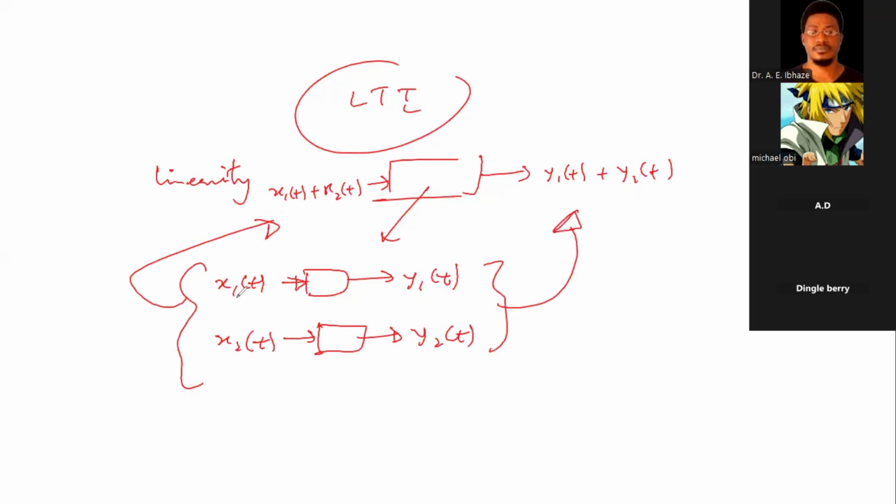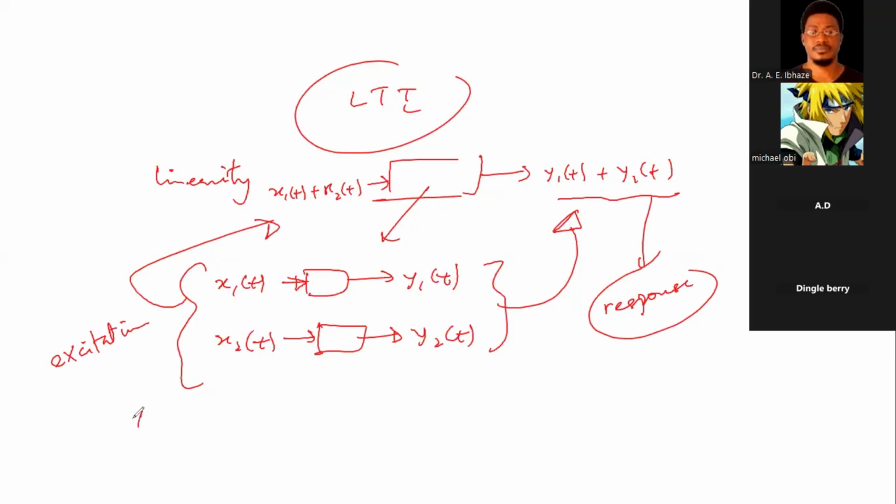Largely because this input fed into this particular system gives us a specific output, and this particular signal, when fed into the same system, gives us a certain output. Should we add both signals or inputs together, which we call the excitation, the same system should give us a response that adds their distinct values. Okay, so it means the property of linearity is obeyed.